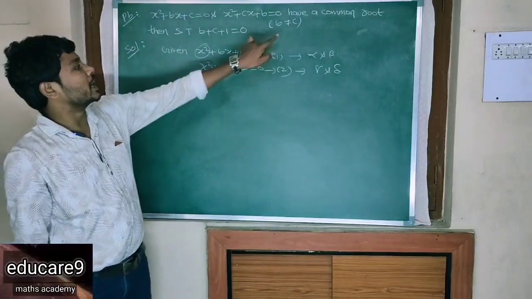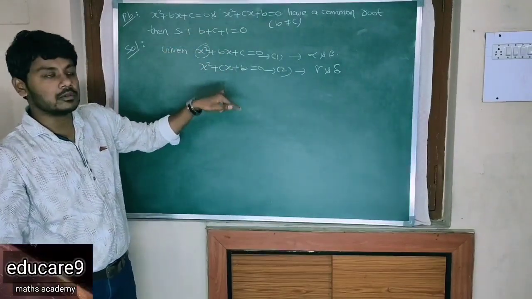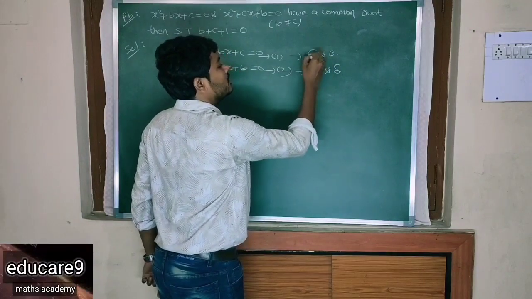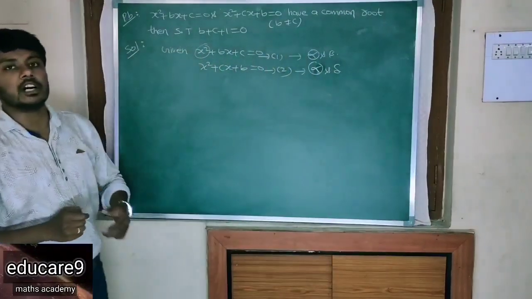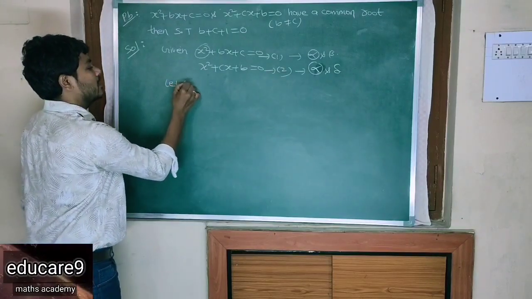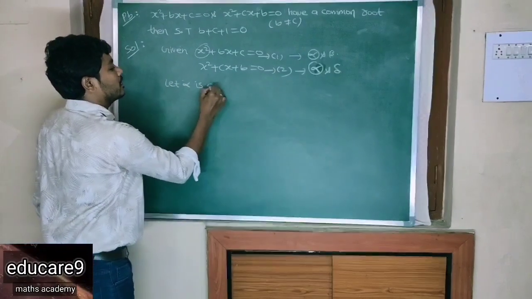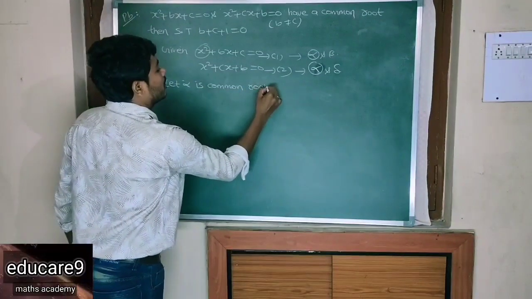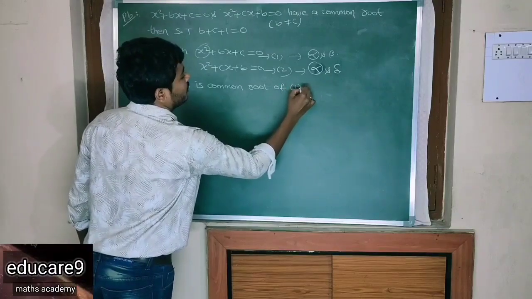But here one root is common for both, so here this is also alpha. So here both have the common root alpha. So here let alpha be the common root of 1 and 2.